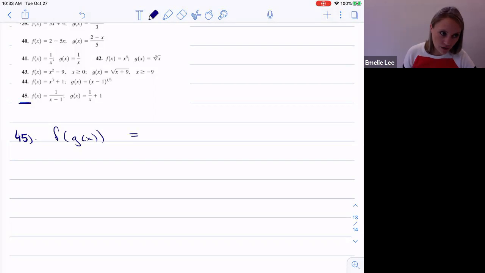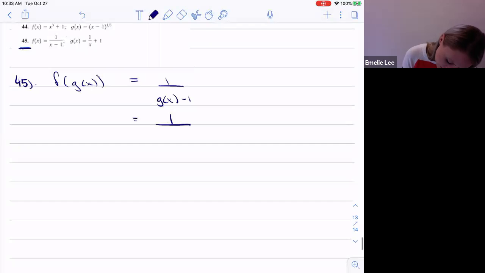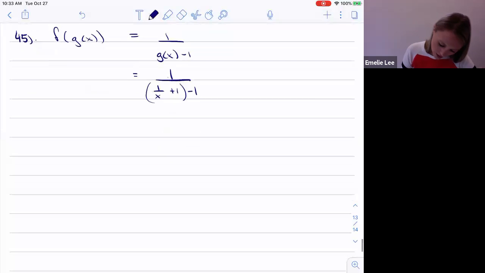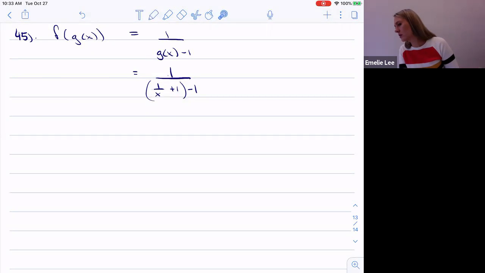So f of g of x is 1 over g of x minus 1. G of x, so now I have 1 over g of x, which is 1 over x plus 1, and then minus 1. Luckily, that's going to go away. Otherwise, I'd have to find common denominators.